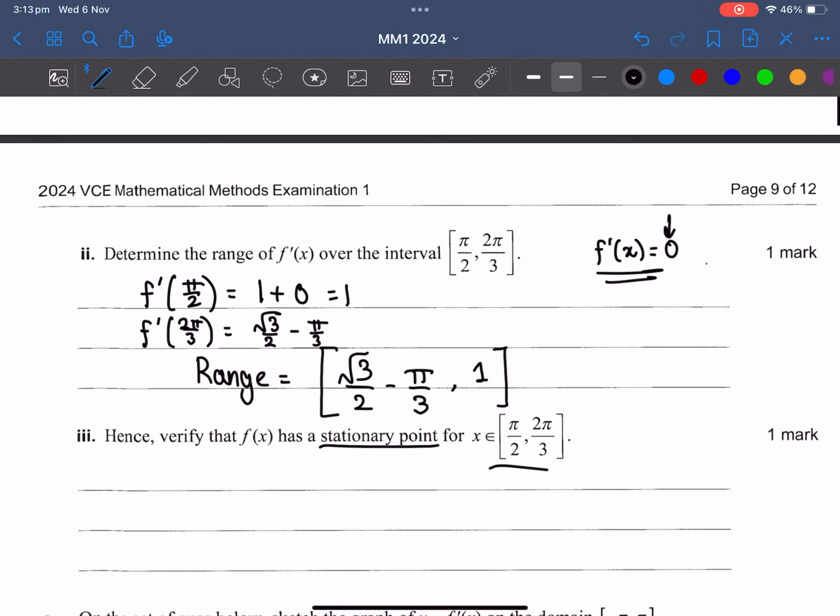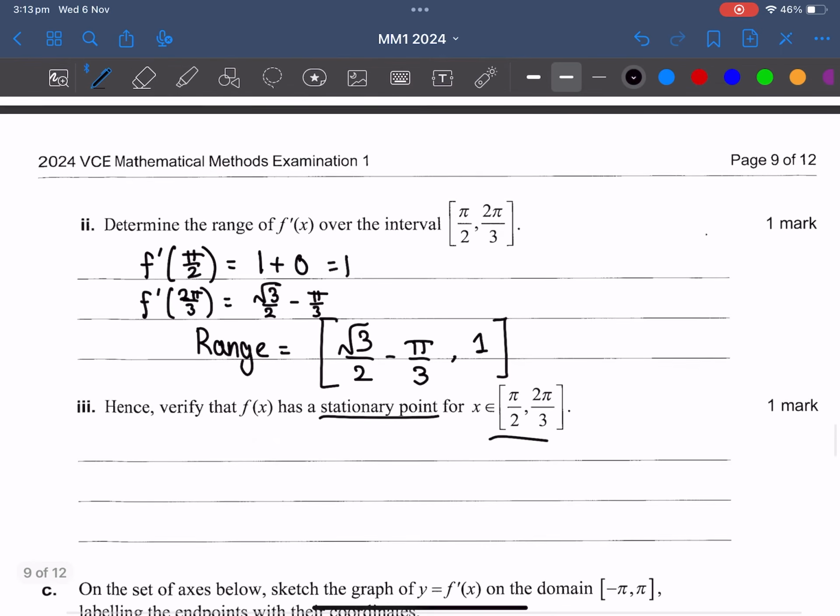So basically, if f dash of x is not 0 in the given range, which is this over here, that means no stationary point exists. But if there is a stationary point, the derivative of f of x will equal 0 at least at one point. So what we have to do is to prove that this is a negative value, if that makes sense. Okay? Alright, so how would we do this actually?